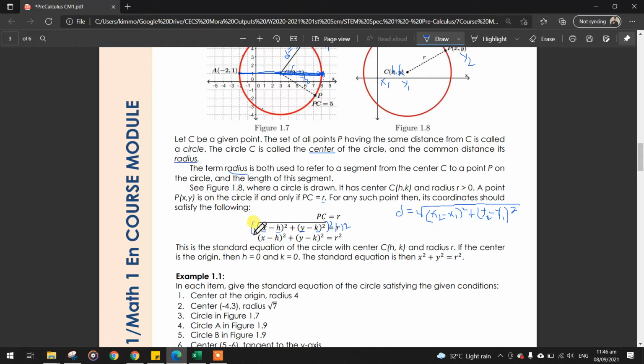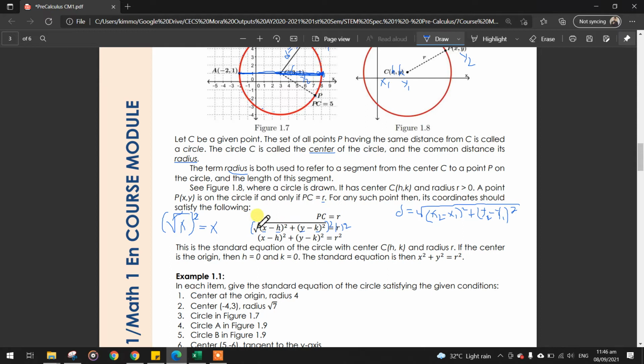Since we want to get rid of this radical sign, we reverse it. Since we have the square root of x, to remove the square root sign we square it, so the square root and the square cancel out, and this will result in whatever is inside the radical sign, which is x.